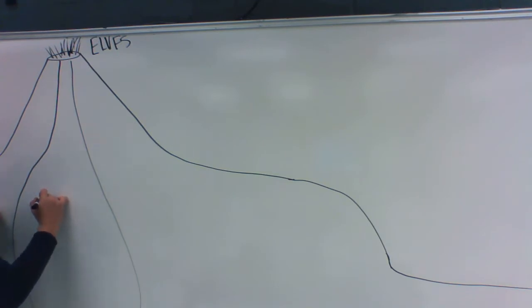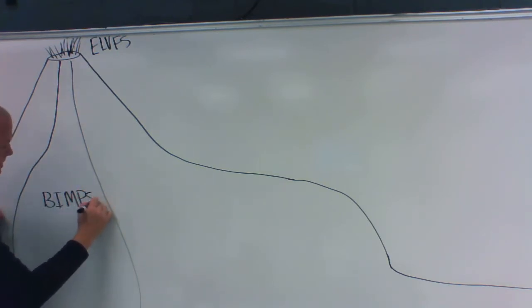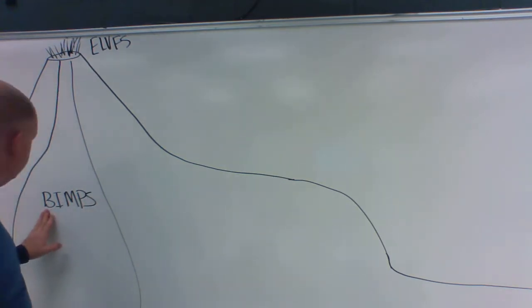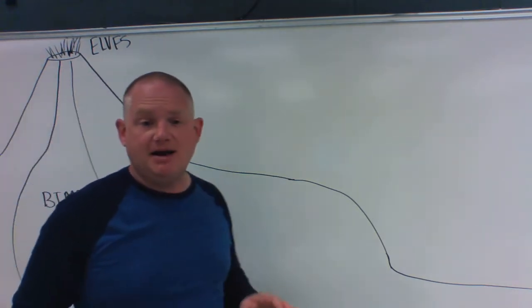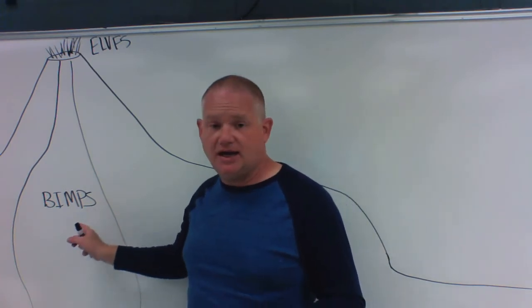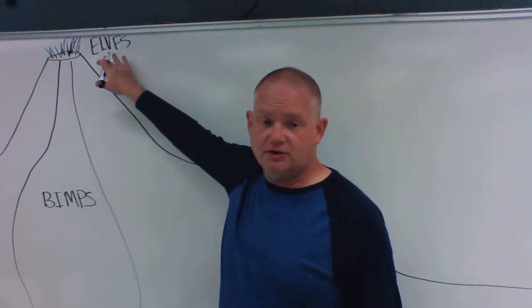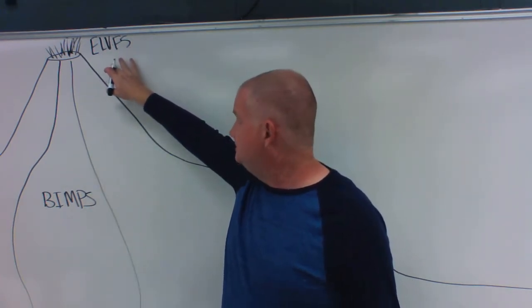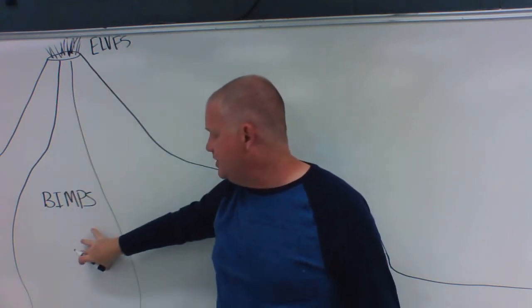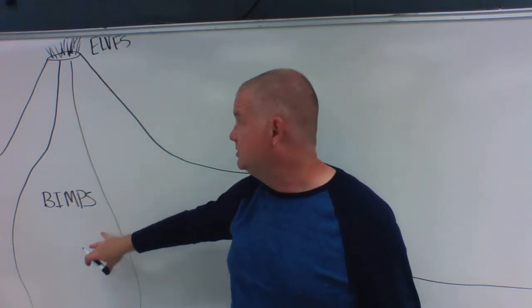This is a pluton, and this is where you have bimps. Remember this. This is big crystals, intrusive, magma, plutonic, and slow cooling. So here you have your small crystalline rocks, volcanic. This is where you have your plutonic, larger crystalline rocks.